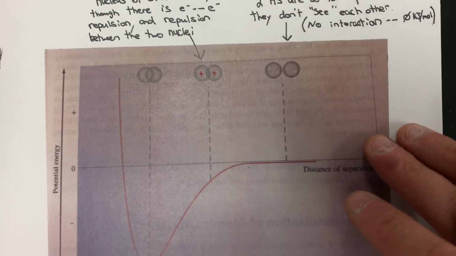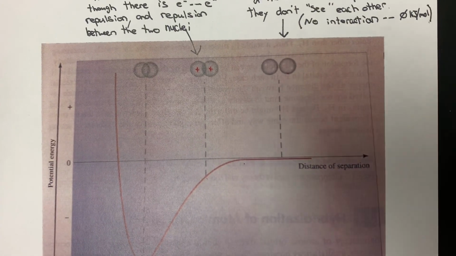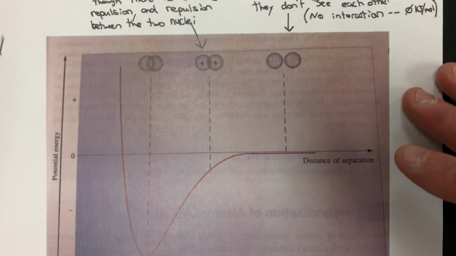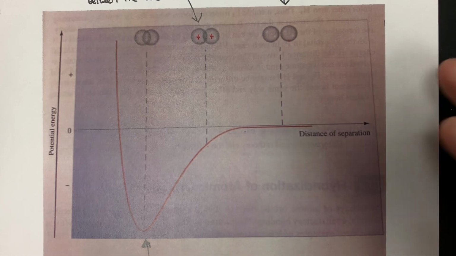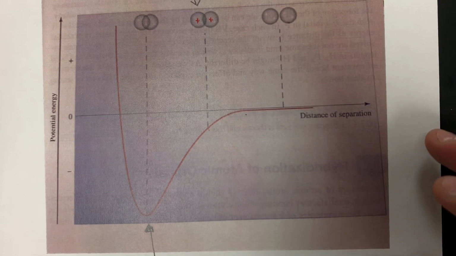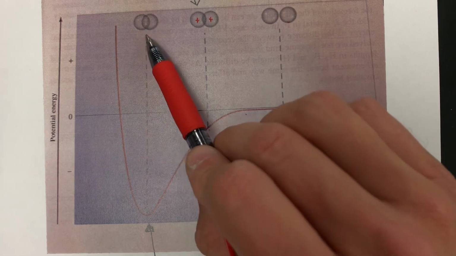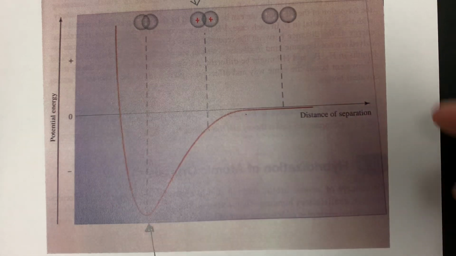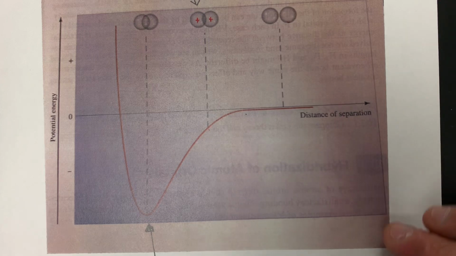And this goes along with this idea of spontaneity. When we talk about energy, when we have this exothermic process, bond formation, this is going to be a favorable thing. Down here, where we have the lowest potential energy, this is where these two s atomic orbitals have substantial overlapping.